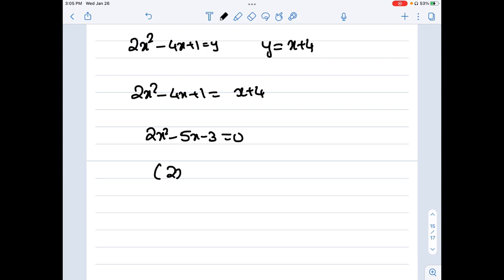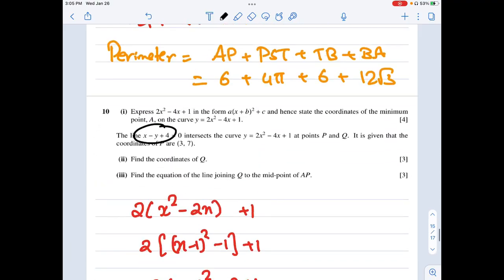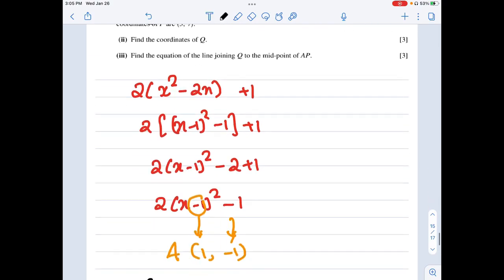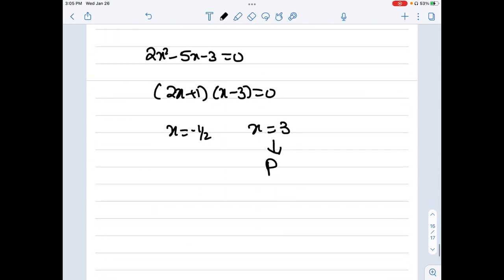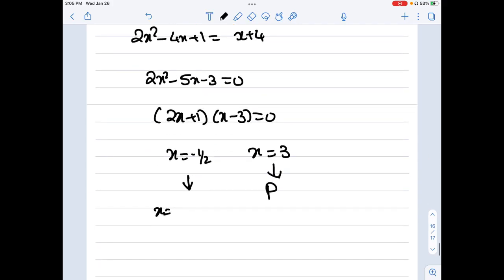Factorizing, I am directly factorizing it. 2x plus 1 times x minus 3 equal to 0. So I get two values: x is equal to negative 1 upon 2 and x is equal to 3. It has been given in the question that the coordinates of P are this one, so I have to find Q. So we know y is equal to x plus 4.